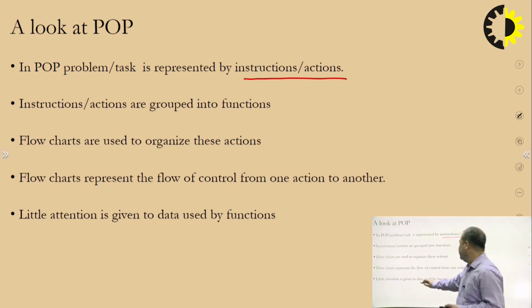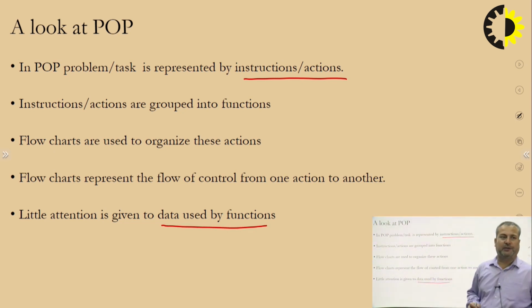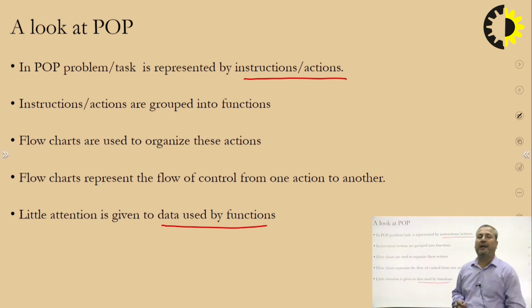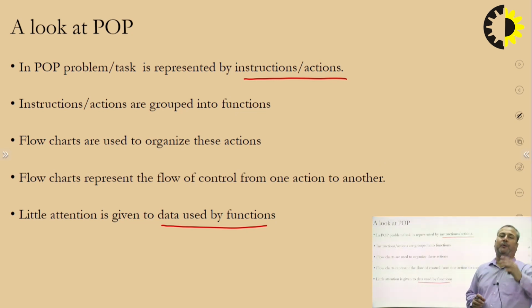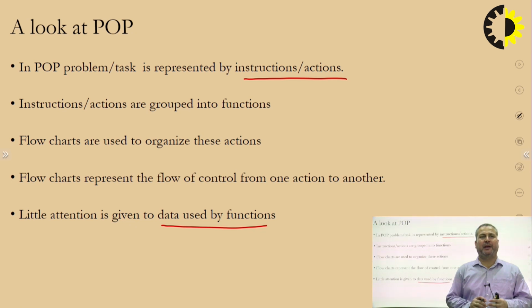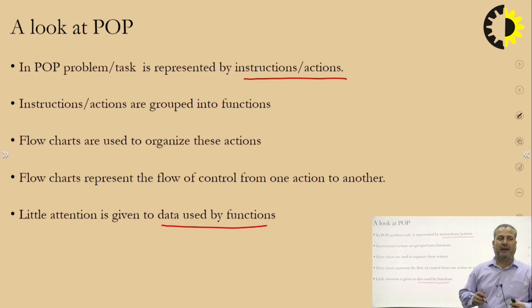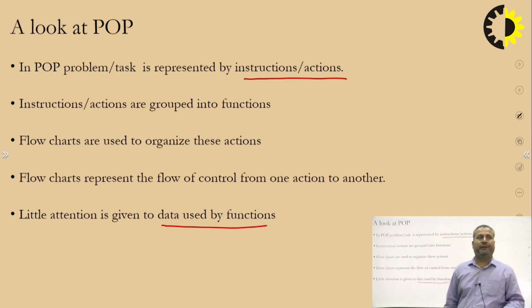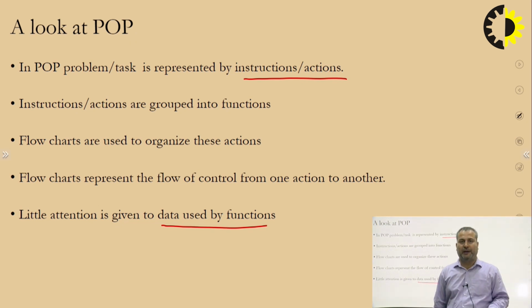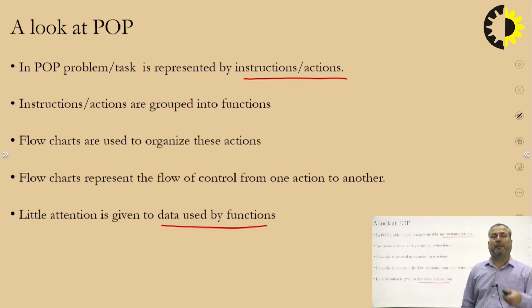Little attention is given to the data used by the functions. So one important thing is that in procedural oriented programming, the focus is on functions, how many modules we can create in the form of functions, not on the data which is used by the functions, okay. So very little attention is given to the data, but in the newly developed object oriented programming, we will see that the primary focus is on the data, okay.